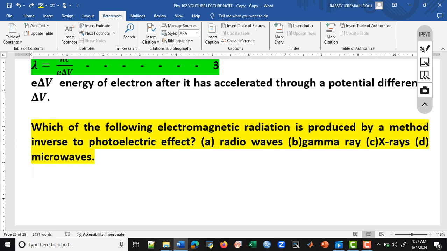The reverse of photoelectric effect would give us X-ray. So the correct option would be option C.